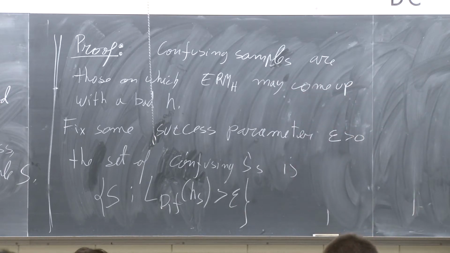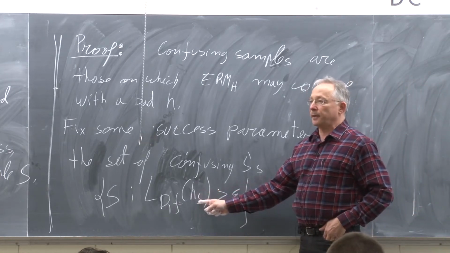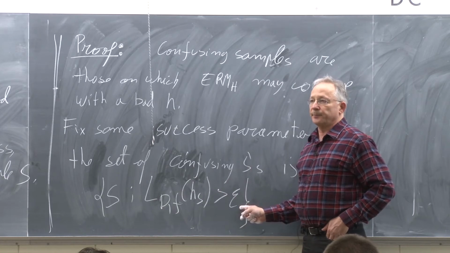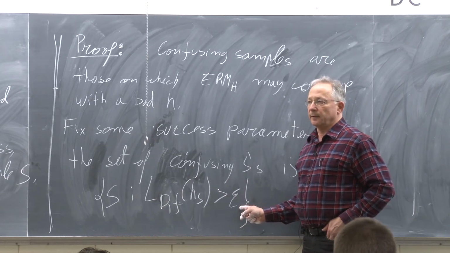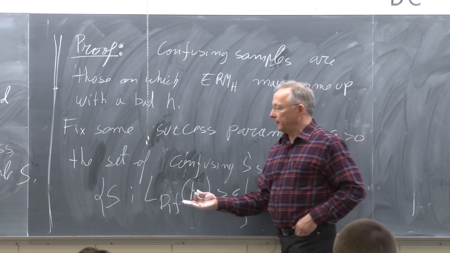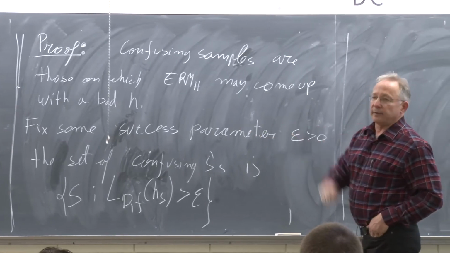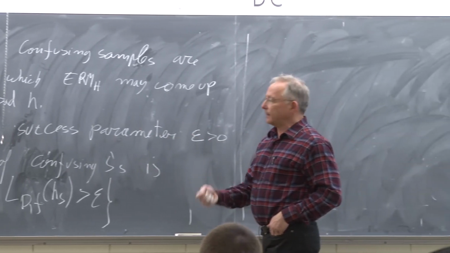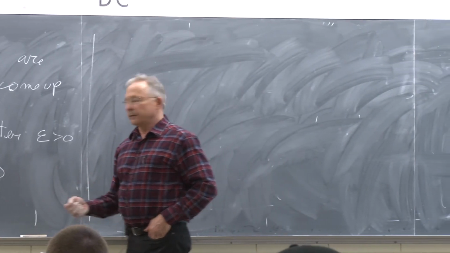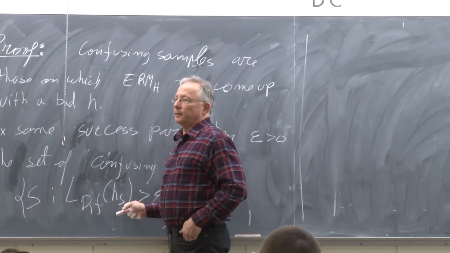The bad samples are the samples for which I'm coming up with a hypothesis h that depends on S, and this hypothesis has error bigger than epsilon. Okay? And what we really care about is, we have here a way of generating S. The way of generating S is picking points independently at random. So we want to show that the probability that we will pick a bad S is very small.